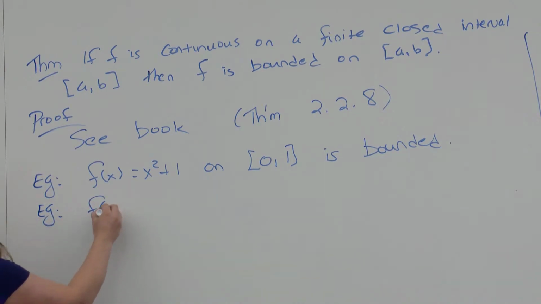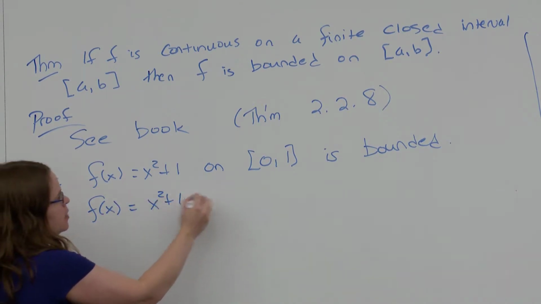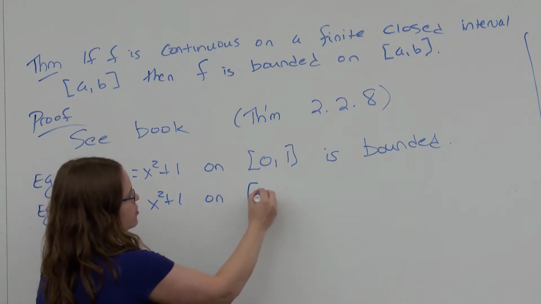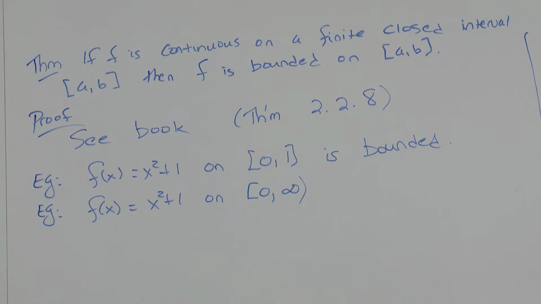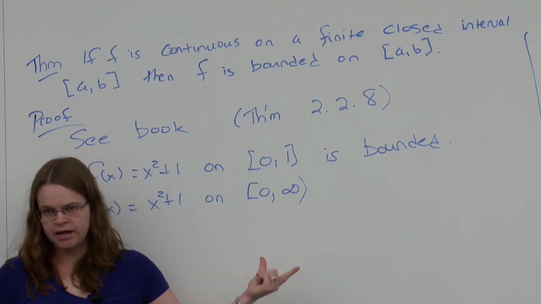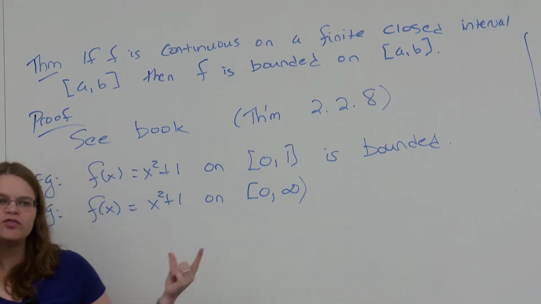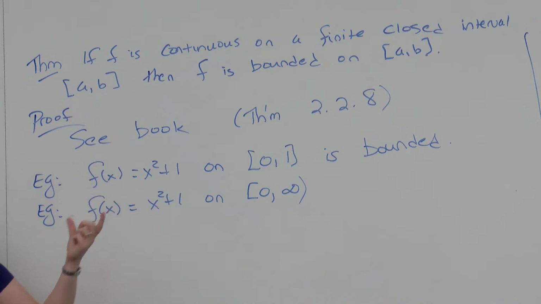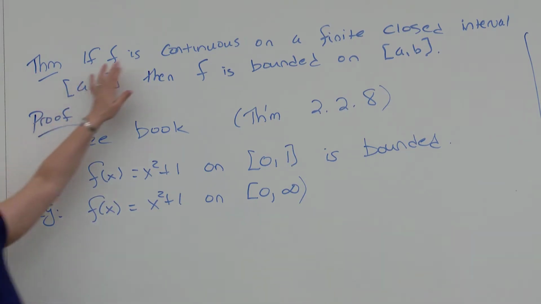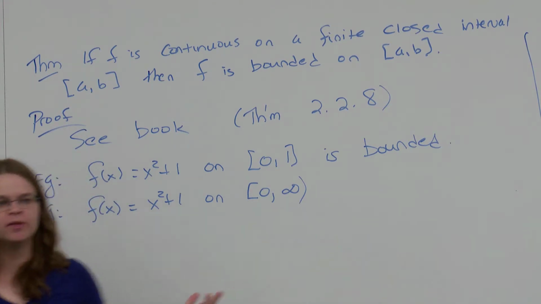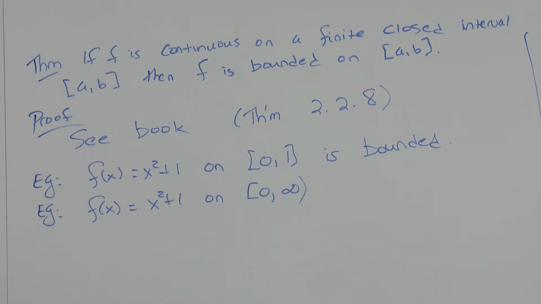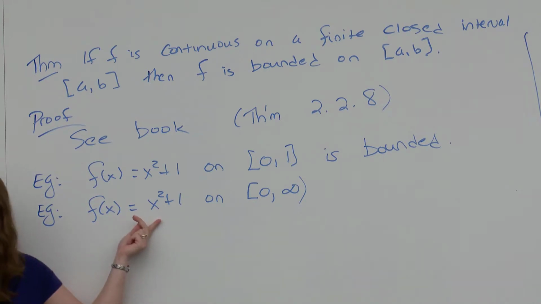Let's have the same nice function, but now on the interval 0 to infinity, right? So this is still a closed interval, but it's not a finite interval anymore. And if it's not a finite closed interval, our theorem doesn't work, and that means if the hypotheses fail, the conclusion we don't know, right? It could be true, it could be false. We don't know, and in this case it's false.